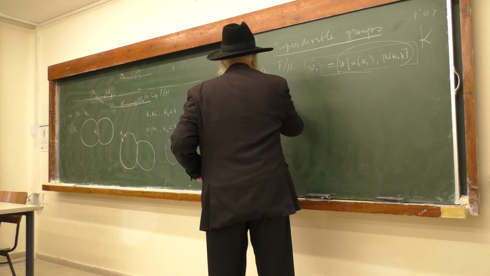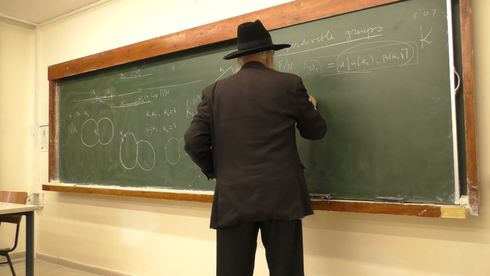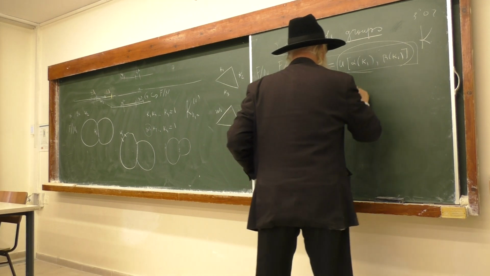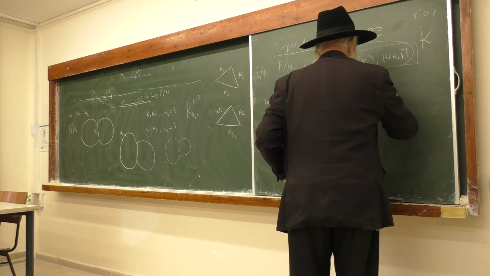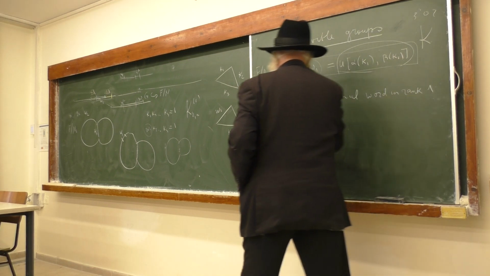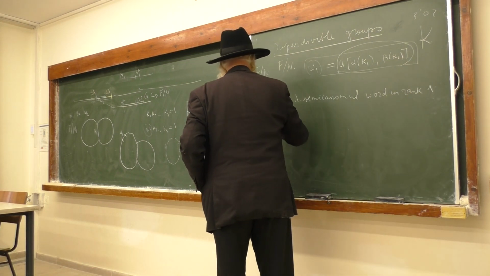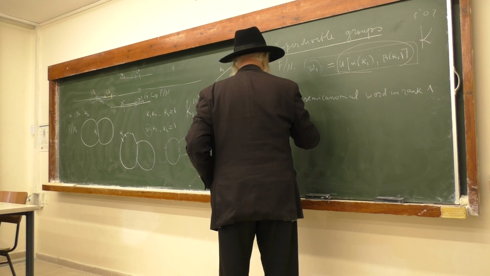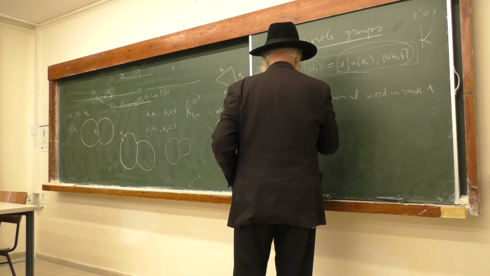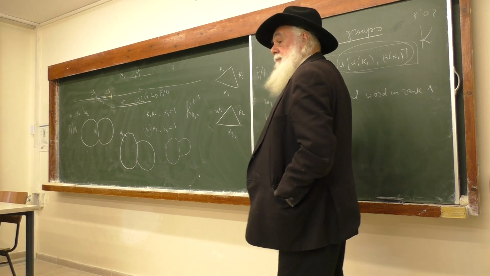W2 is a lambda semi-canonical word in rank 1 that presents G2. But by the way, it may be equal to 1.